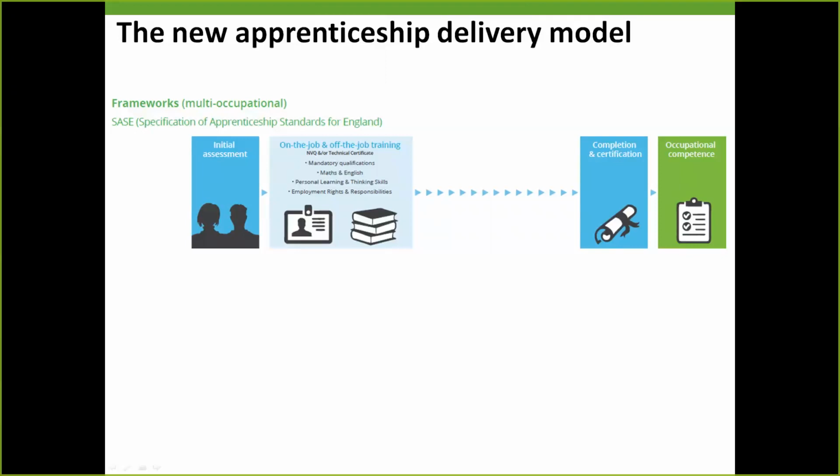As you work through that period of training and assessment, you would have an assessor who would work towards the criteria of a vocational qualification, and they would assess competence throughout the whole programme. That would then lead to completion of a certificate, and once all of that qualification and framework is achieved, you would then be deemed as occupationally competent.